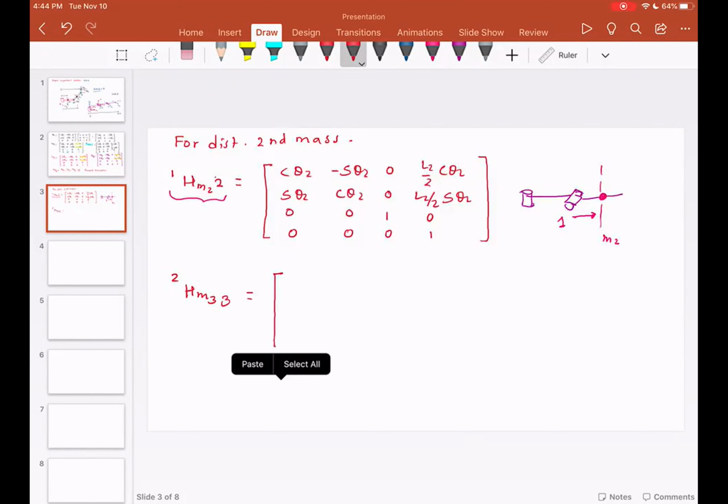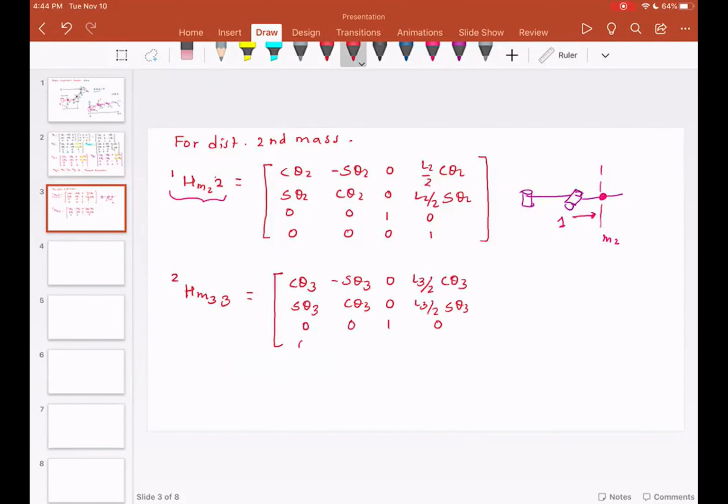And that gives me something like cosine theta 3, minus sine theta 3, 0, L3 by 2 cosine theta 3, sine theta 3, cosine theta 3, 0, L3 by 2 sine theta 3, 0, 0, 1, 0, 0, 0, 0, 1.